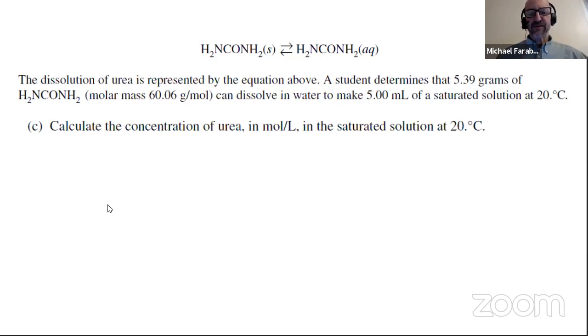It gives you the molar mass, and it says a student determines that 5.39 grams of urea can dissolve in water to make 5.00 milliliters of a saturated solution at 20 degrees Celsius. The question is asking, calculate the concentration in moles per liter. Now, again, each of these sample student responses that I'm presenting has a mistake. So be looking for the mistake as well as think about what the correct answer would be.